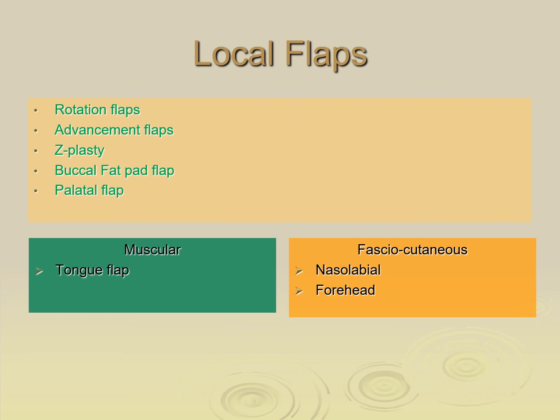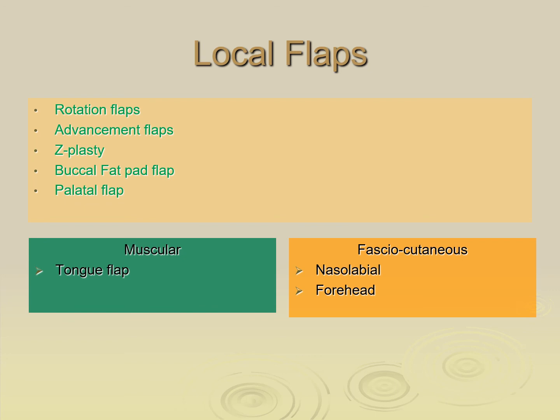Mostly we are taking rotational flaps. I already showed in the diagram that if the patient is having a neck dissection, we use the pectoralis major. Sometimes we take a flap for oral cancer, called a radial forearm flap.